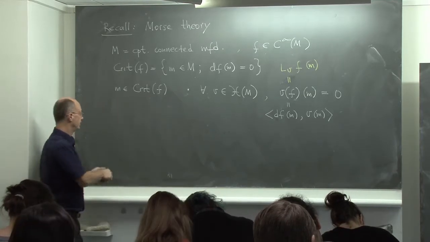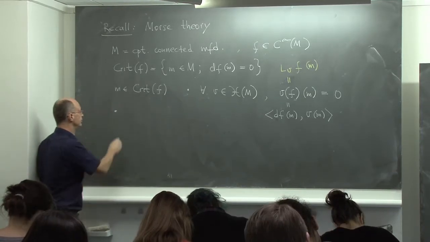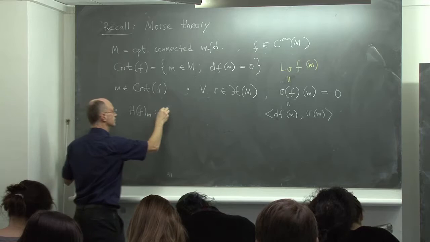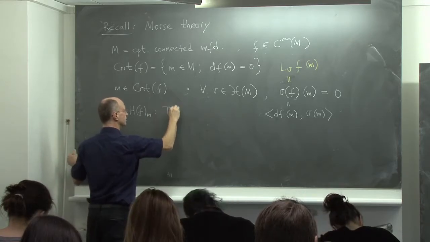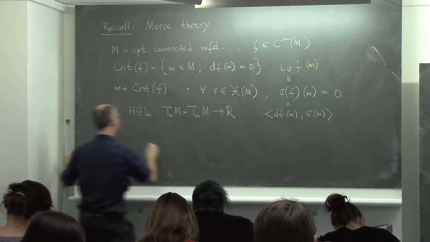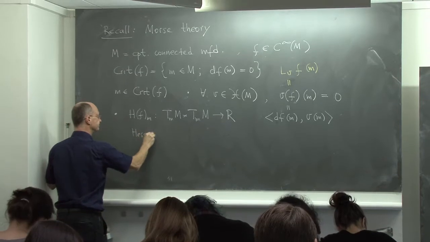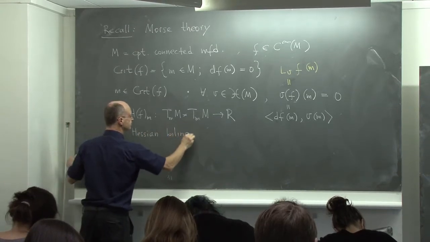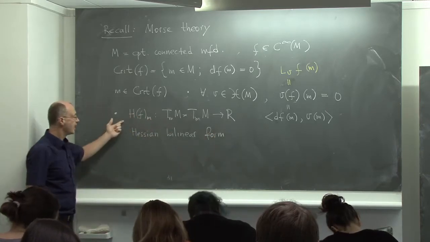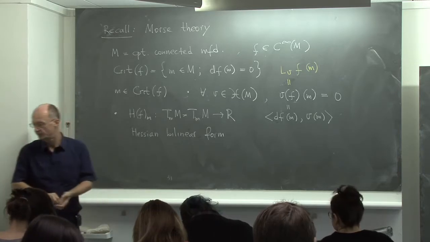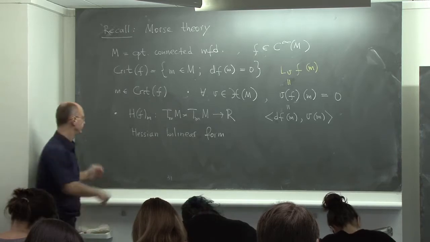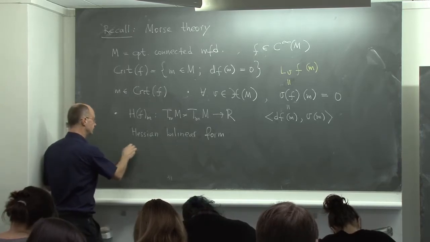And the other thing, as you may know, there is a Hessian bilinear form, which is defined as a bilinear form, so it is symmetric. Maybe if we write it in local coordinates, that's something that you know very well from the calculus classes.